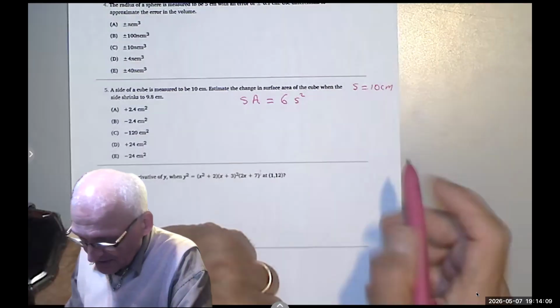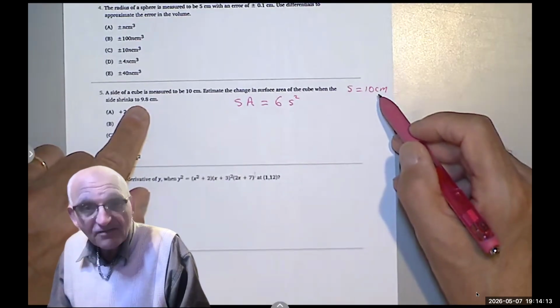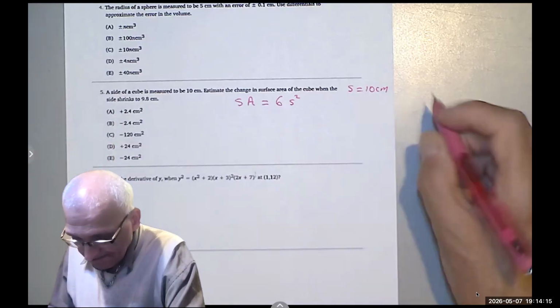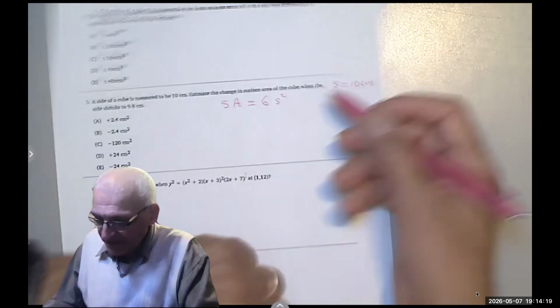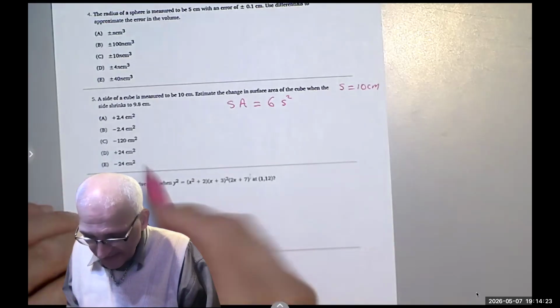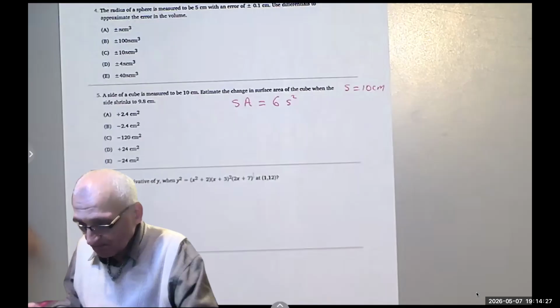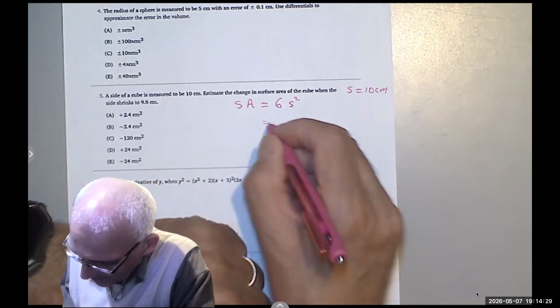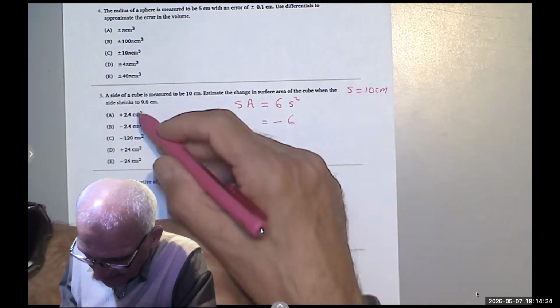So this change is like negative 0.2, right? So notice that when S decreases, the surface area will also decrease. So I can exclude the 24 and the 2.4 to begin with. And now you multiply, it decreases by 0.2.